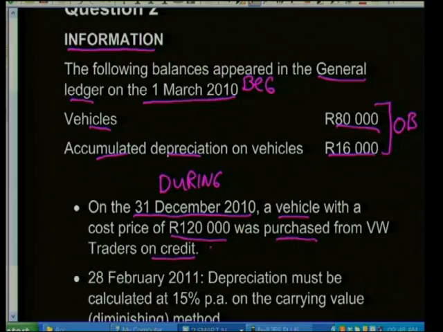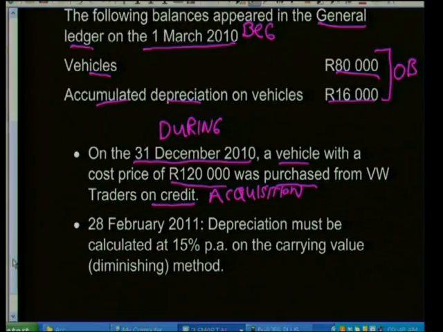So immediately there's my acquisition of an additional vehicle. Then I'm told on the 28th of February 2011, depreciation must be calculated at 15% per annum, so that's my rate, on the carrying value or diminishing value method.